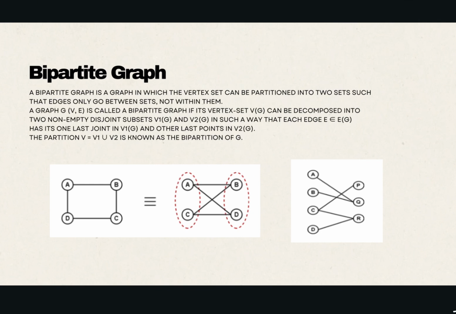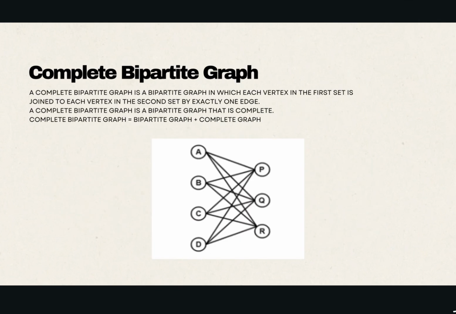A graph G(V, E) is called a bipartite graph if its vertex set V(G) can be decomposed into two non-empty disjoint subsets V1(G) and V2(G) in such a way that each edge e(G) has one endpoint in V1(G) and the other endpoint in V2(G). The partition V1 union V2 is known as a bipartition of G.